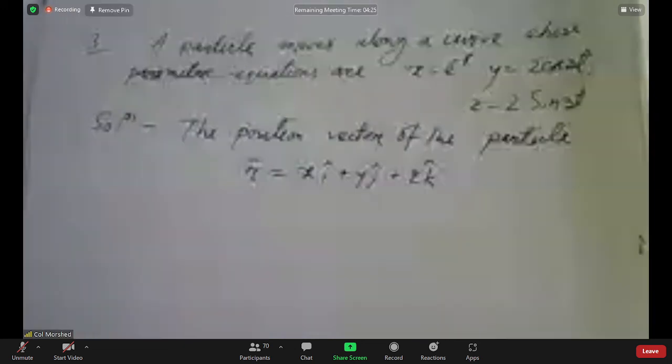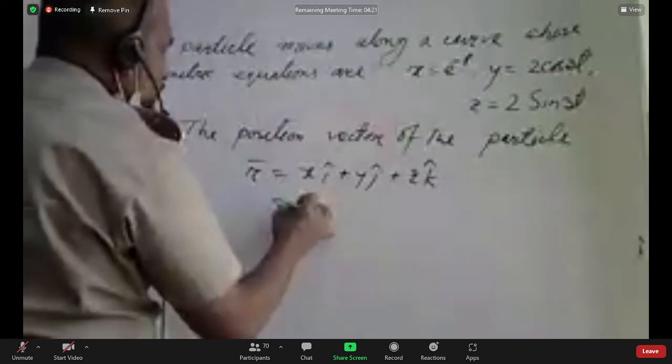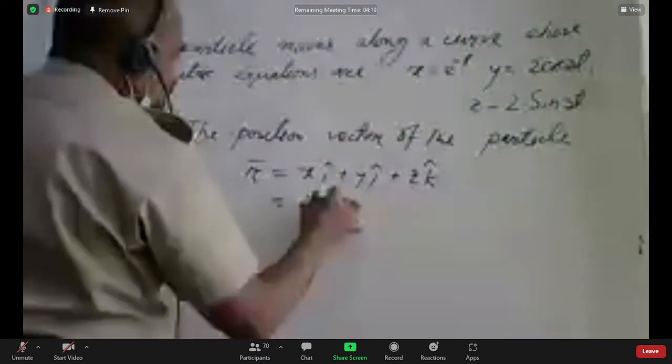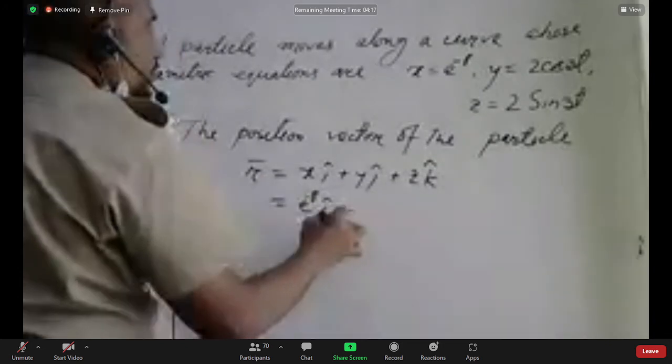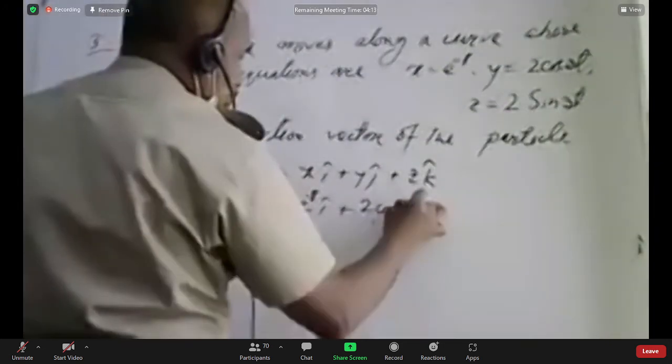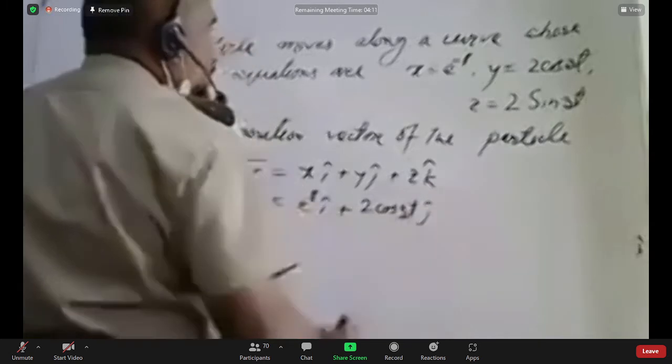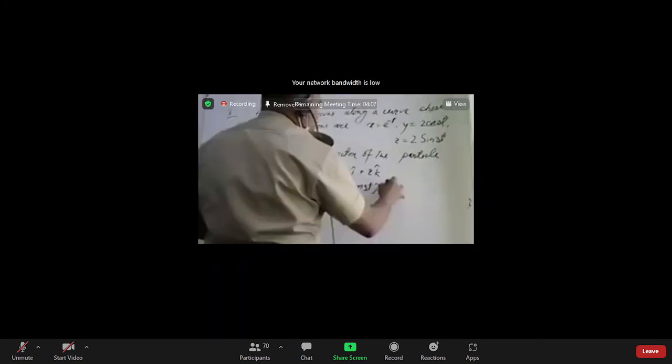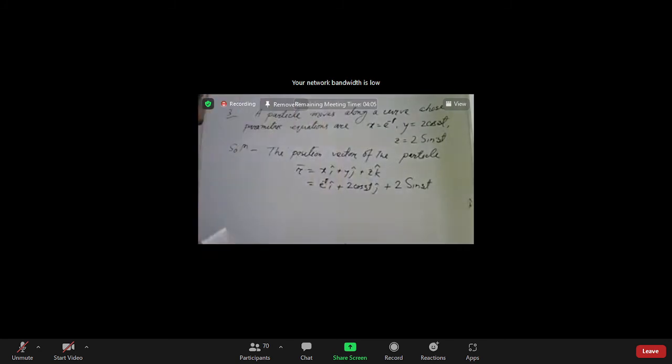So what is the parametric equation? x is equal to e to the power minus t, just replace this thing. y is equal to twice cos thrice t, plus z is equal to twice sin thrice t.